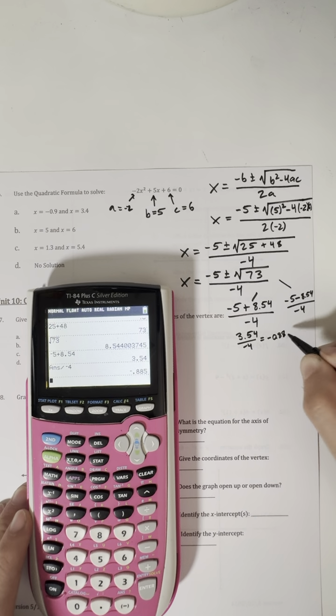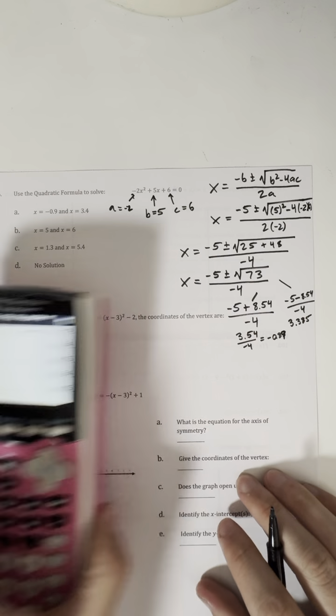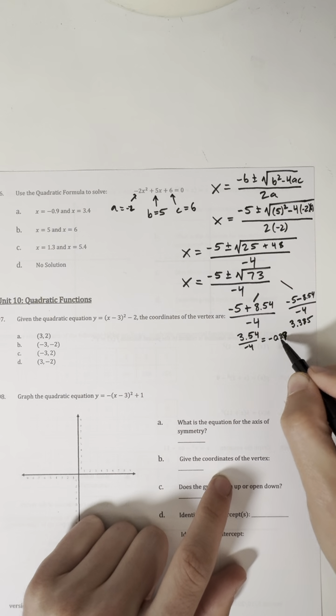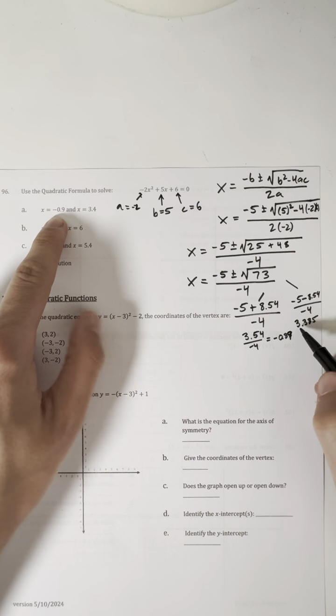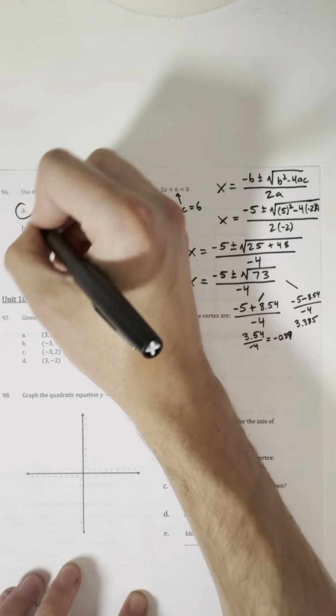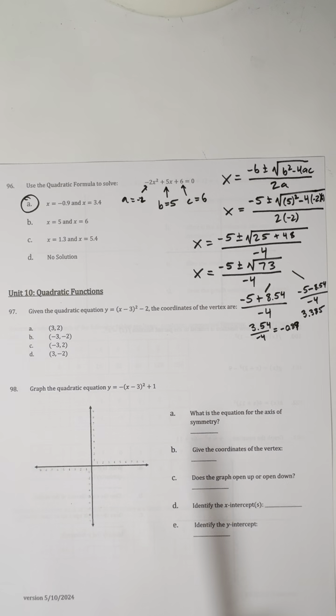This is -5 minus 8.54, and then divided by -4, which is 3.385. Let's see. This doesn't exactly match my answers, but -0.89, someone could reasonably round that to -0.9. 3.38 could be 3.4. So A is correct. Give yourself a pat on the back. That's another section done.